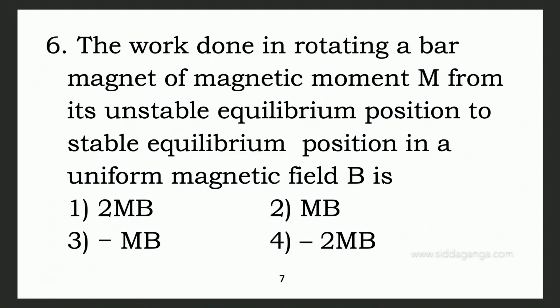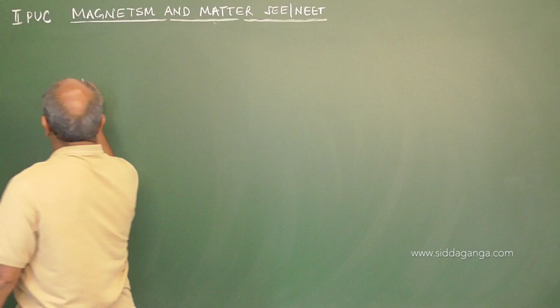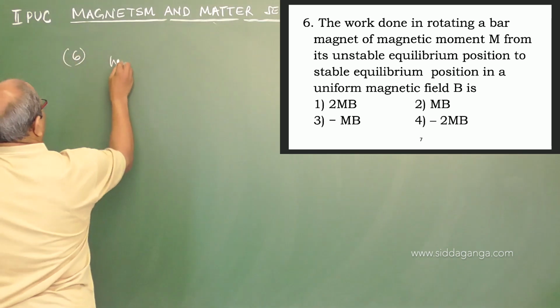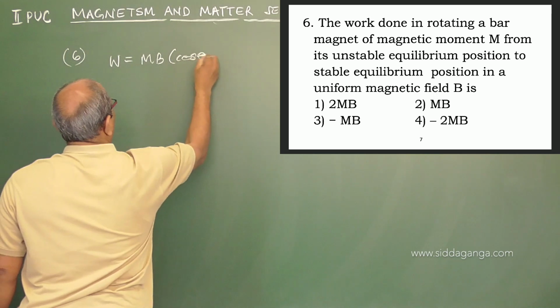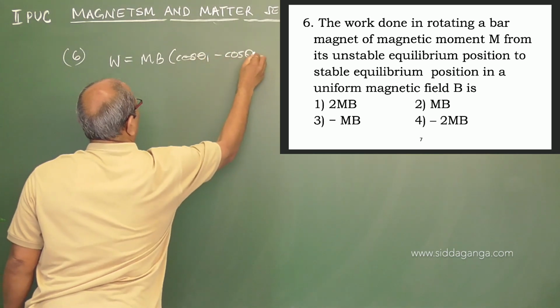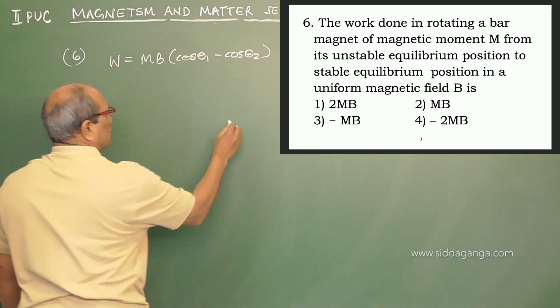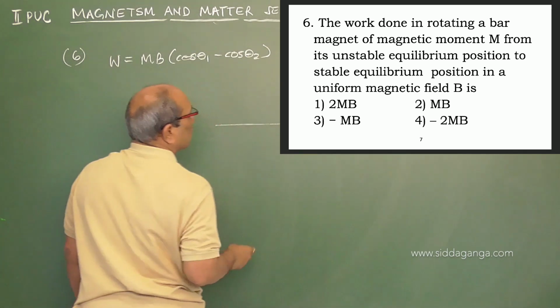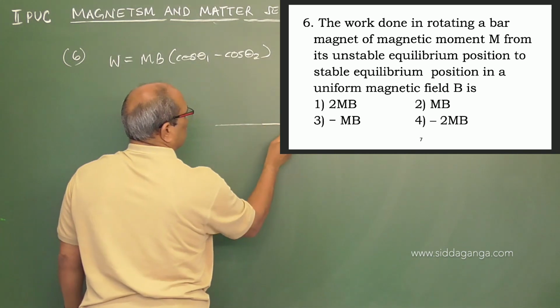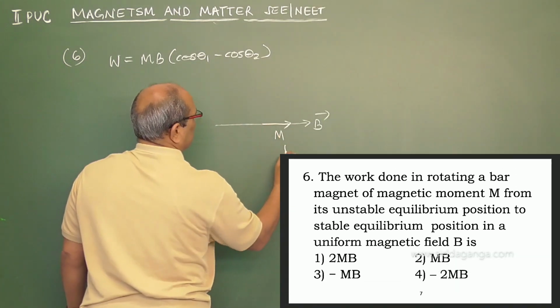The work done in rotating a bar magnet of magnetic moment M from its unstable equilibrium position to stable equilibrium position in a uniform magnetic field B is. We have the equation for work done: MB into cos theta 1 minus cos theta 2. You know the direction of the magnetic field. The most stable equilibrium position for M is theta 0.